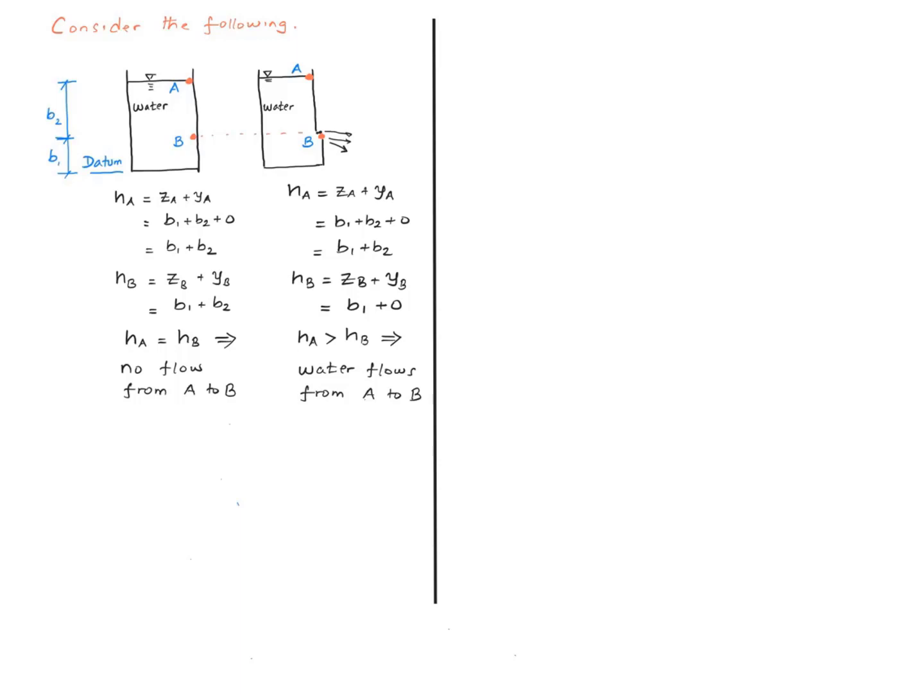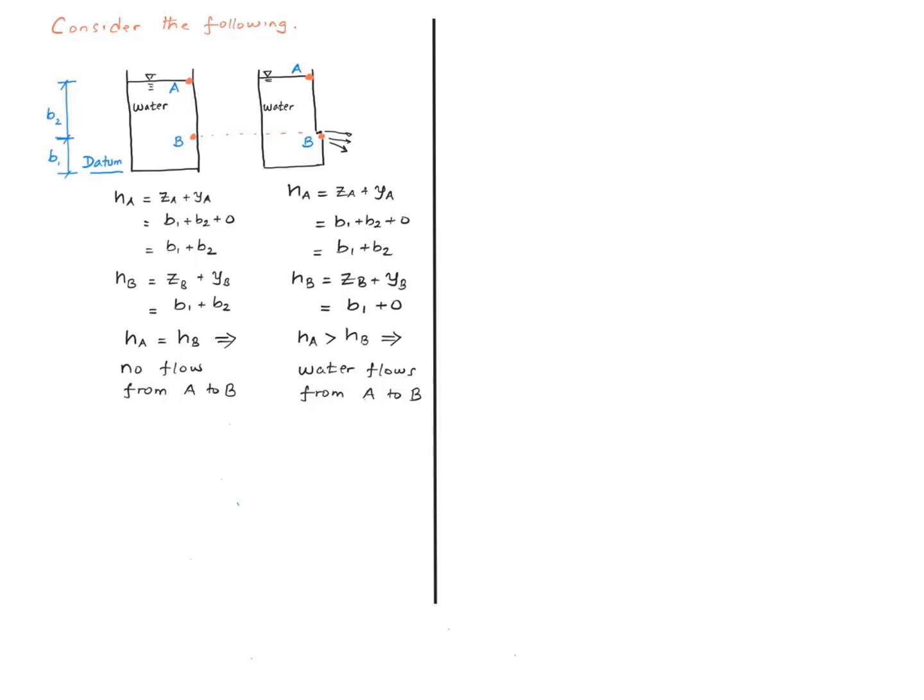And therefore the total head at point A is B1 plus B2. And if I now take point B, this is the elevation head, and this is the pressure head. So the sum again works out to be B1 plus B2, and therefore there's no difference in the total heads between point A and B. And Darcy's law says there should be no flow from A to B.